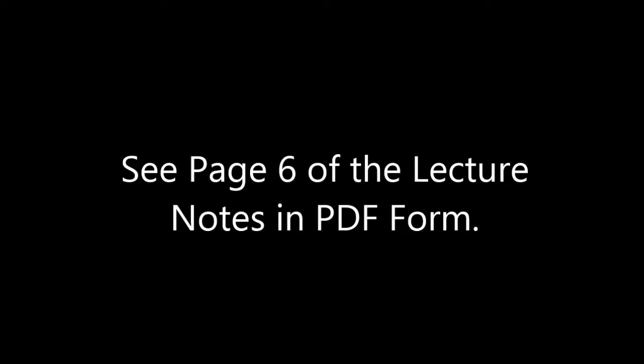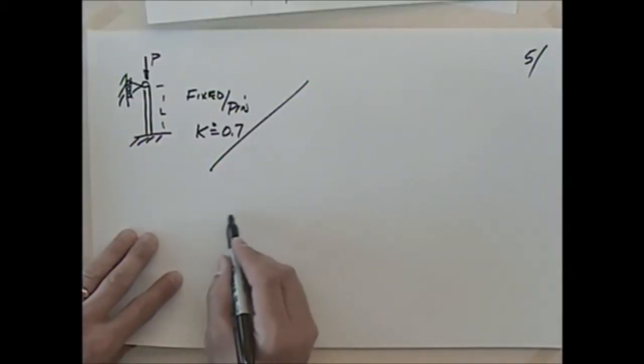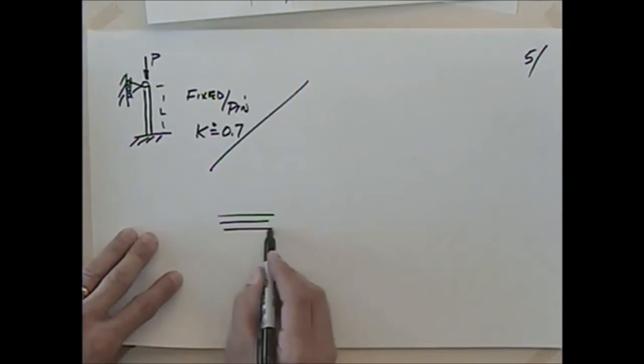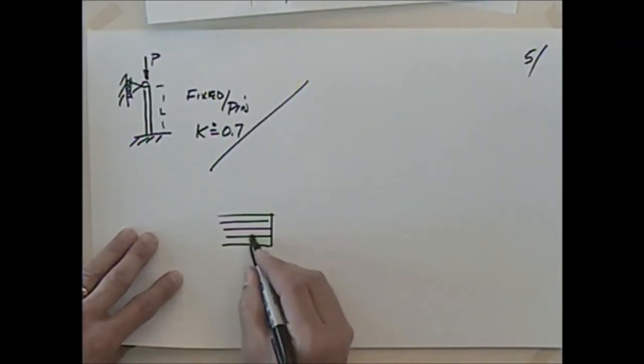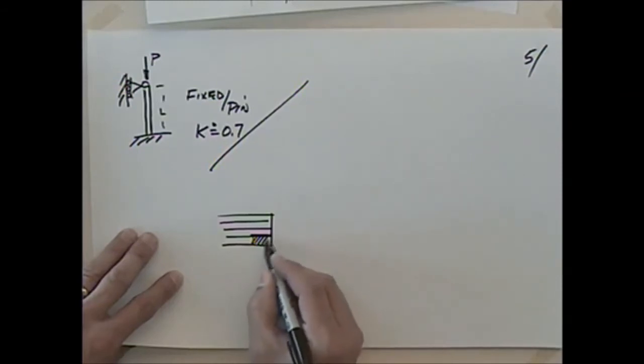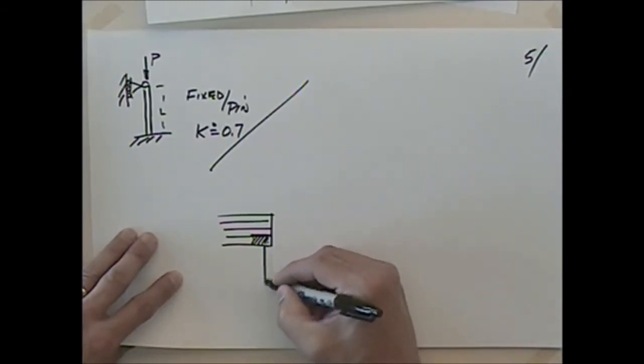Let's look at a, I'll jump back to page 5 here. But let's say that we have a glulam beam like this, and we've got a beam pocket there, and we've got this column coming down.